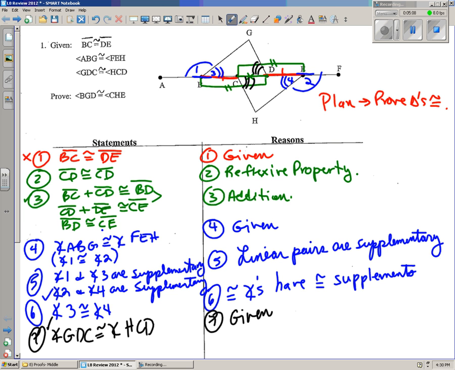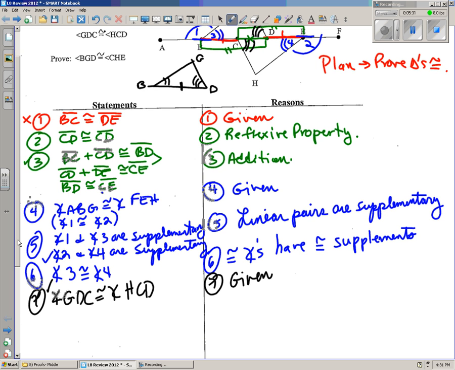So now we have 3 check marks. This is where I said to everybody, if the picture's getting too cluttered for you, draw one of the triangles out separately. So I'm going to do that right here. B, D, G. And here's what we have. We have this angle over here, this side marked off, and this angle here. So now we can clearly see why the triangles are congruent.